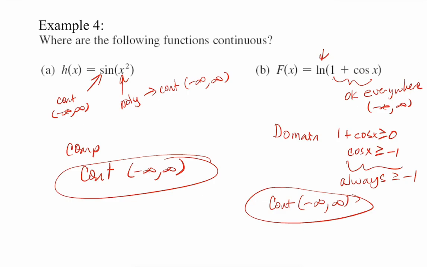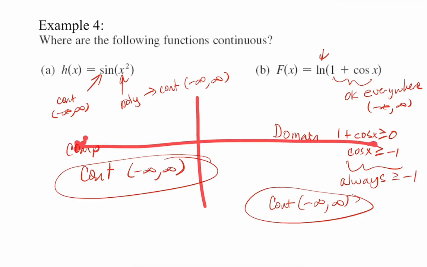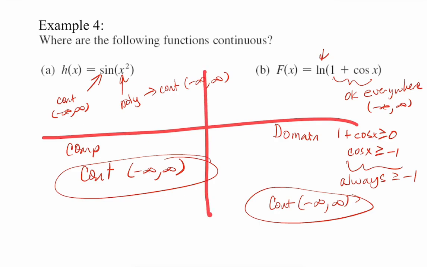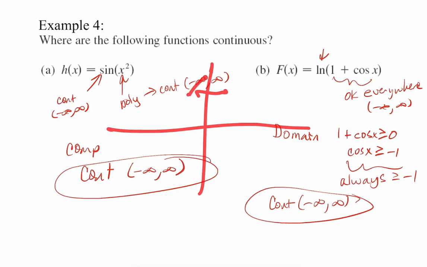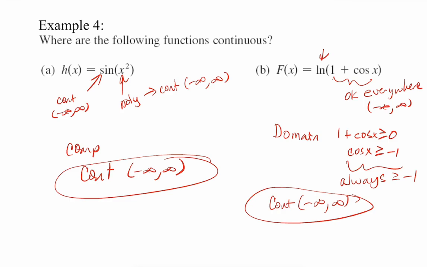Because 1 plus cosine, think about the graph of that. The graph of that would be the cosine function lifted up 1. It looks like that, but it is above -1.